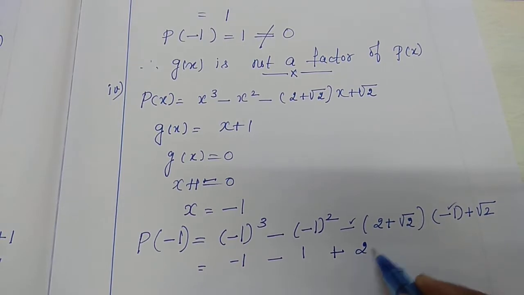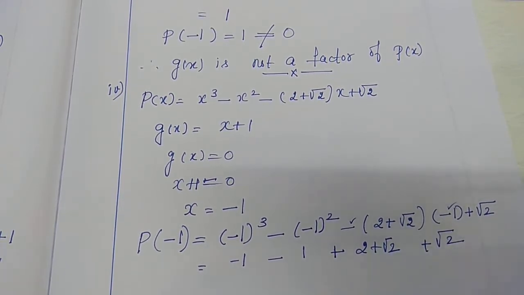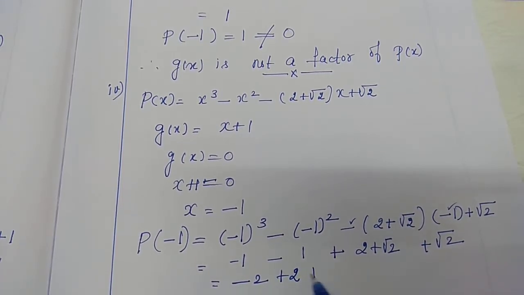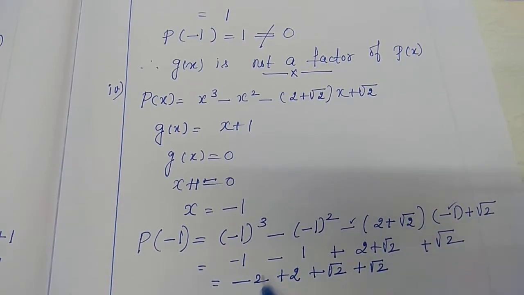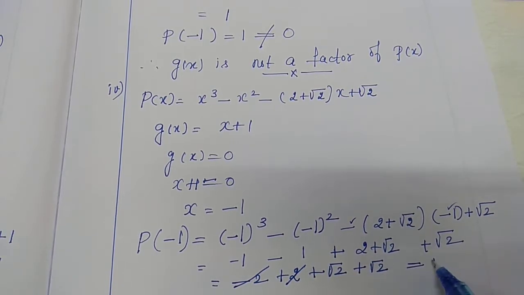So plus 2 plus root 2 plus root 2. Minus 1 is minus 2 plus 2 plus root 2 plus root 2. Minus 2 plus 2 cancelling. The result is 2 times root 2.